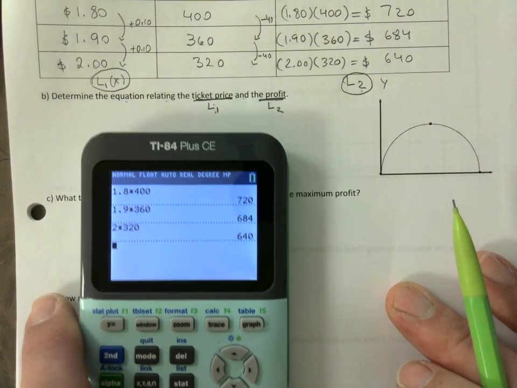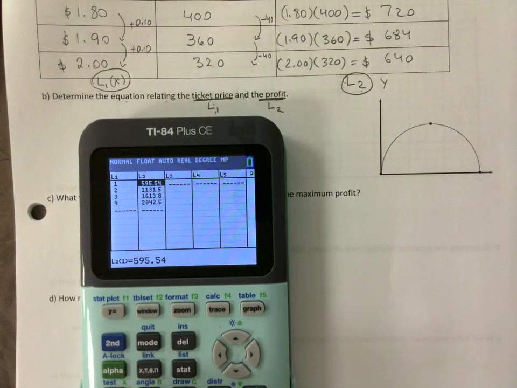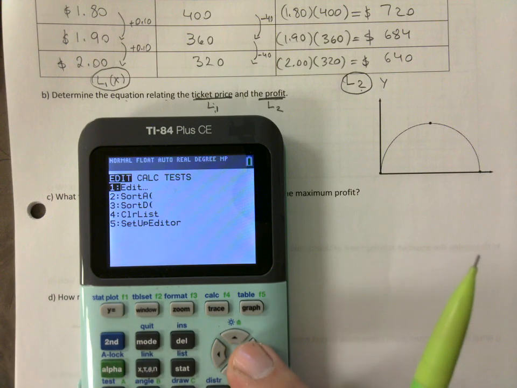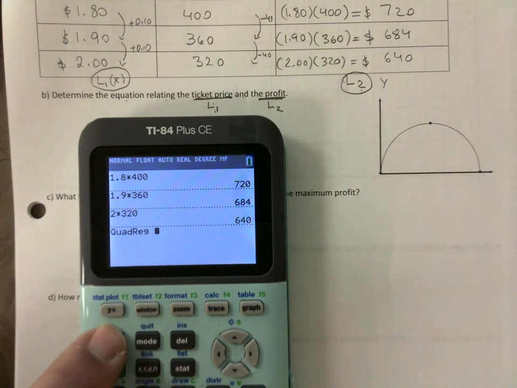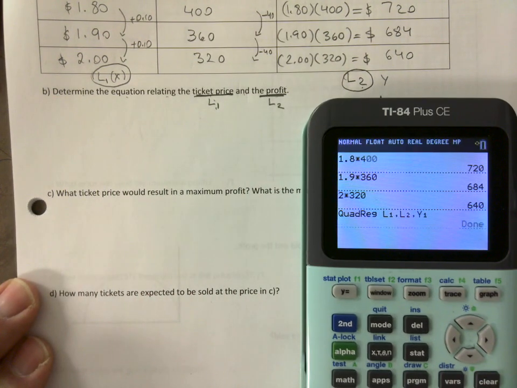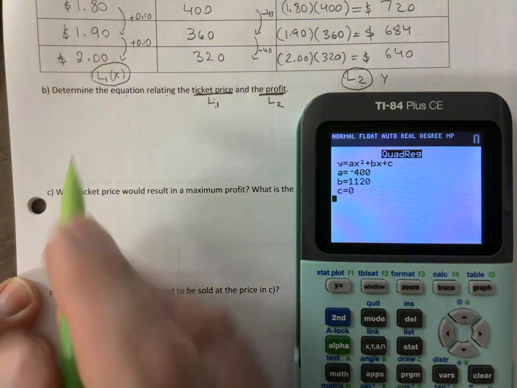Let me keep those points on there. Stat, edit, clear, clear. And just go ahead and type that in. Three points. Stat, calc, quadreg. I'm going to hit enter.